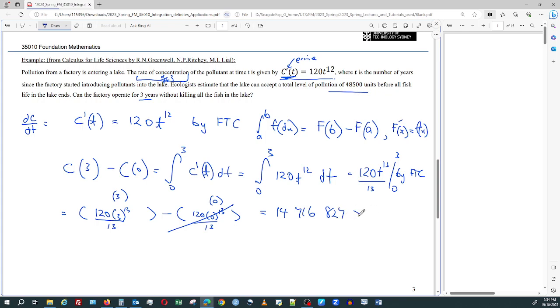That is greater than 48,500. So even if I truncated this decimal, it's way above the number of fish that can be killed.